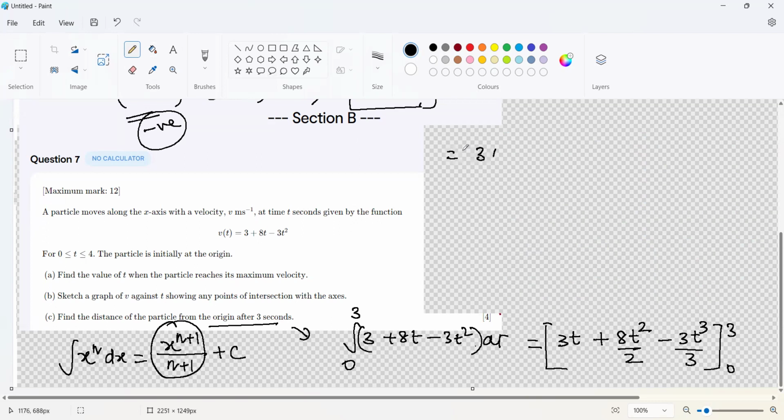So it is 3t plus 4t square minus t cube.